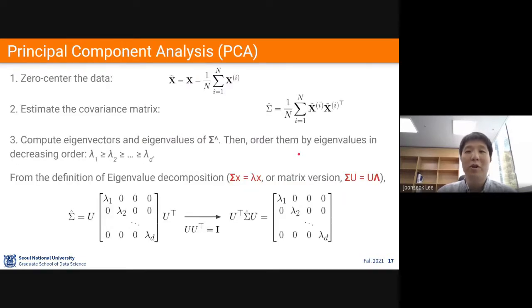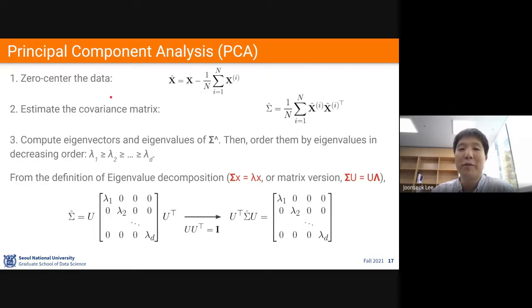So let's see how we apply principal component analysis. This part is a little bit mathematical, and if you are not familiar with some concepts, you may need to review some linear algebra. But I will try my best to explain this.